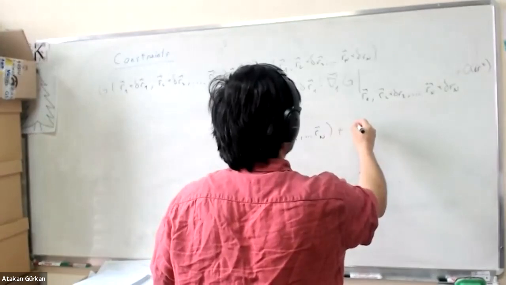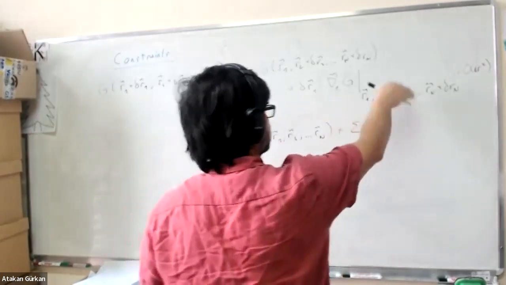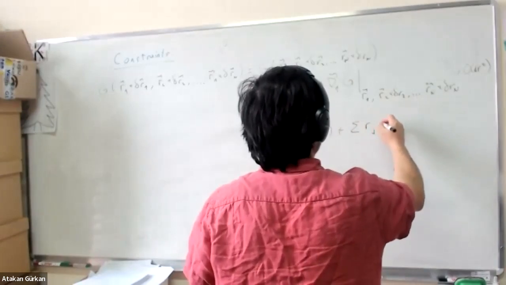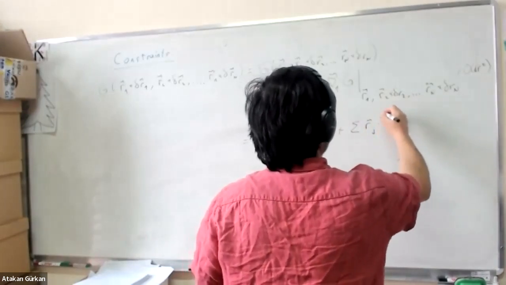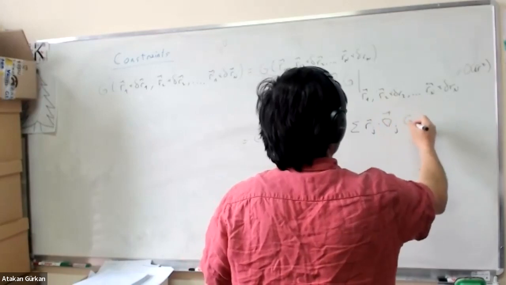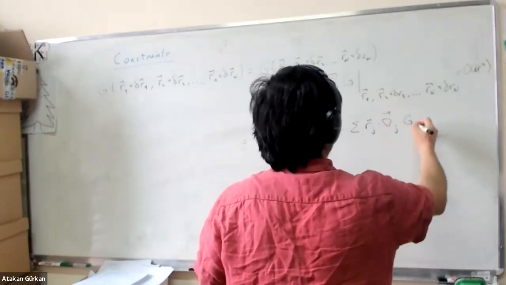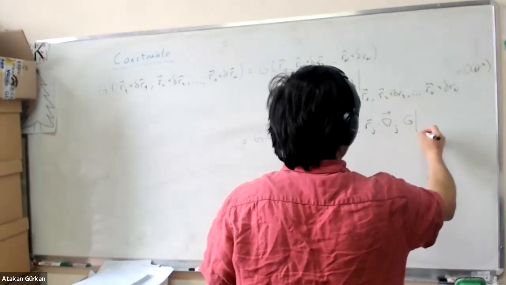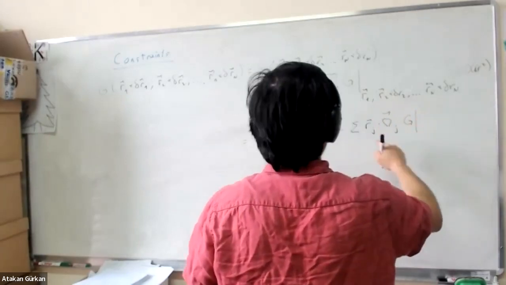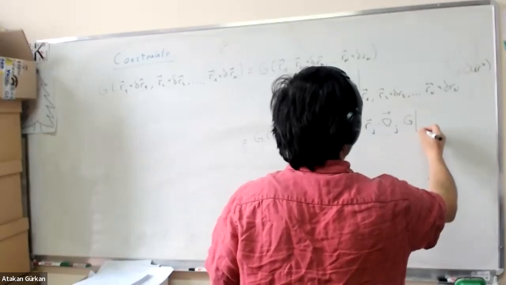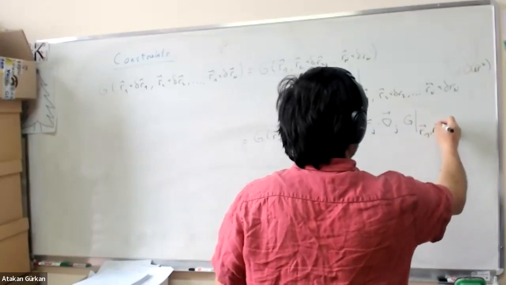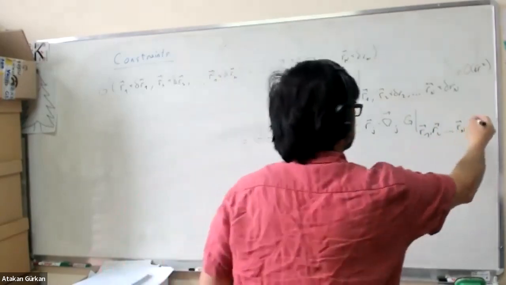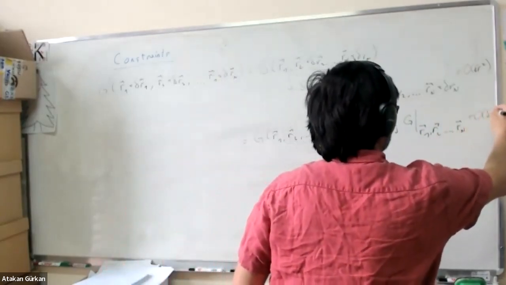They are all going to look identical now, because you also expand these and get rid of those. So I'm going to call it delta Rj dotted into the gradient with respect to the j coordinate of this function G, evaluated at R1, R2, Rn, plus the higher order terms of order delta R squared.